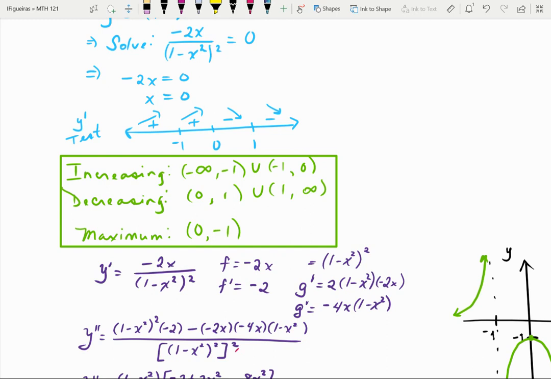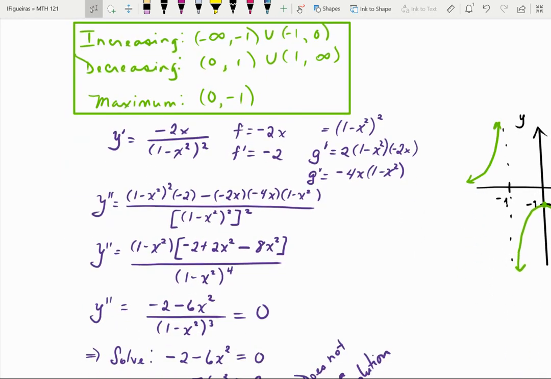Okay, so now we're ready to simplify the numerator. In order to simplify the numerator, the quickest and easiest way to handle this is to factor out the common binomial. The numerator has 1 minus x squared in common in both products. So if I factor that out, 1 minus x squared goes in front of this bracket.